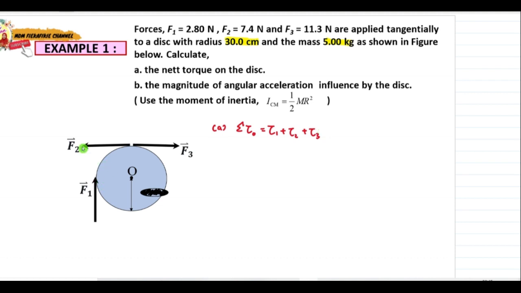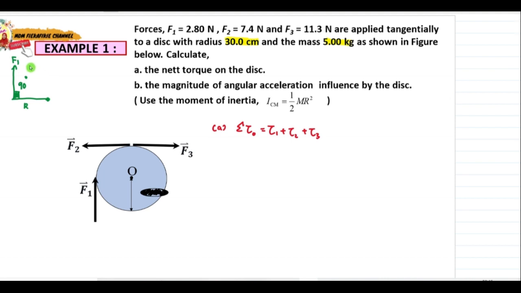Okay, so kalau saya lukis dekat tepi ini, awak tengok betul-betul. Okay, so we start with F1. So this is the pivot point, and then this is R. I label as R, the radius of the disc, and the direction of F1 is directly upward. Okay, and they are 90 degree.